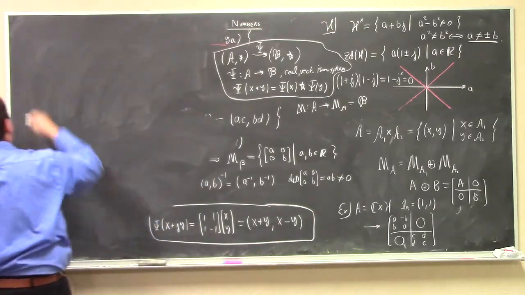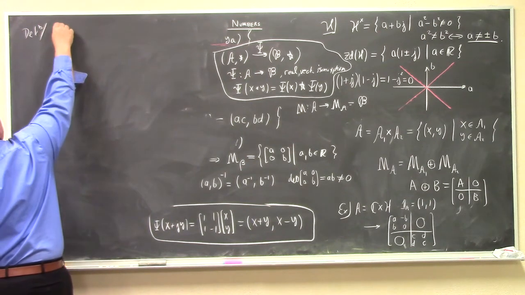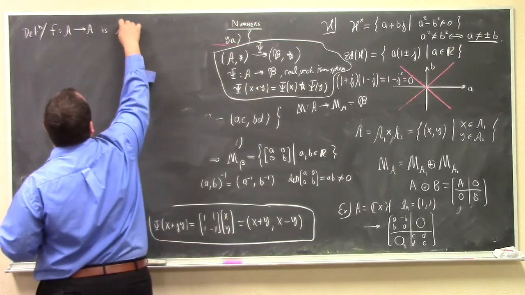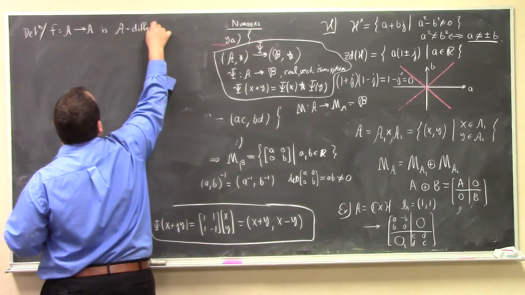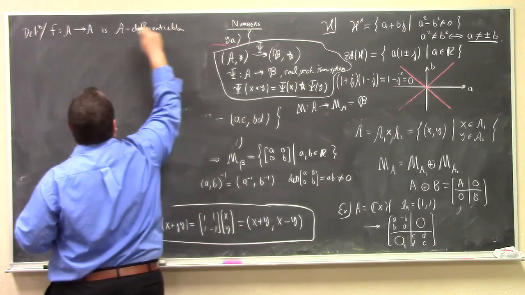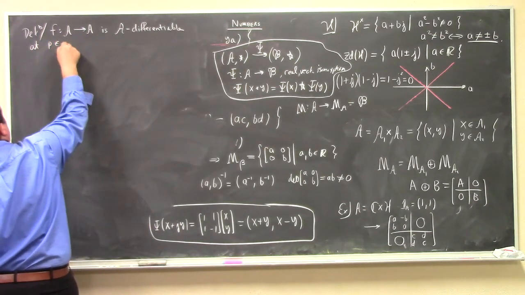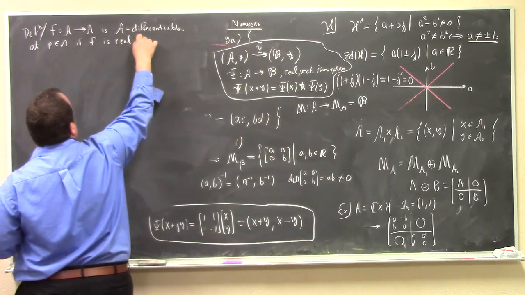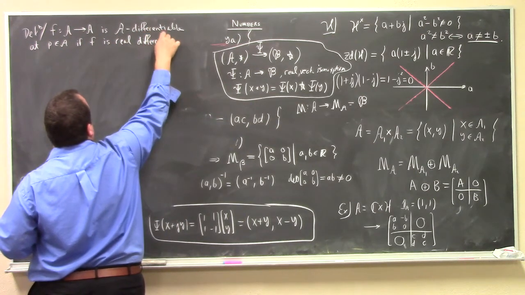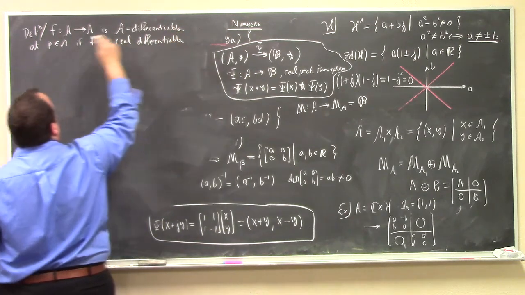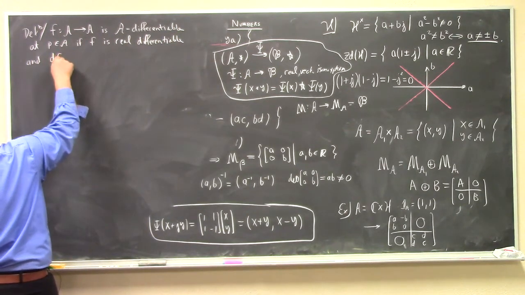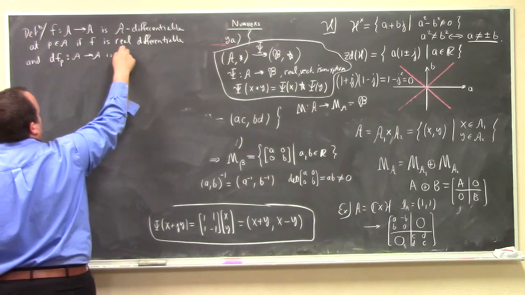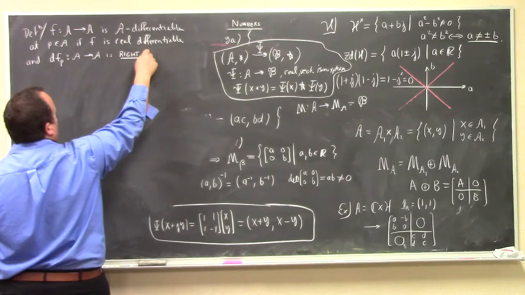So here it is. A function f from the algebra A to the algebra A is differentiable at a point P in A if f is real differentiable and the differential of f at the point P, from A to A, is right A-linear.